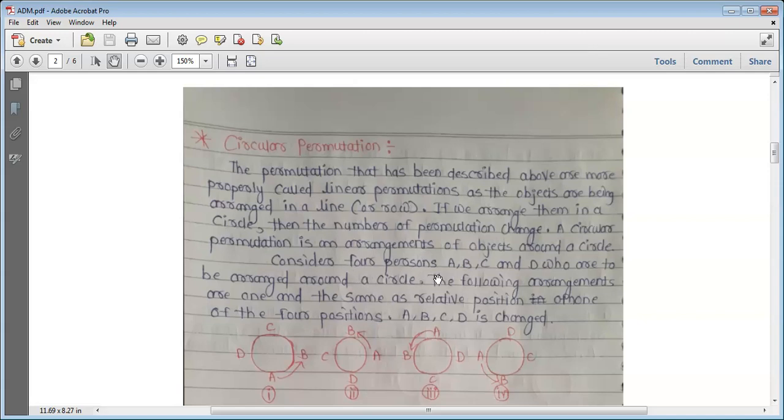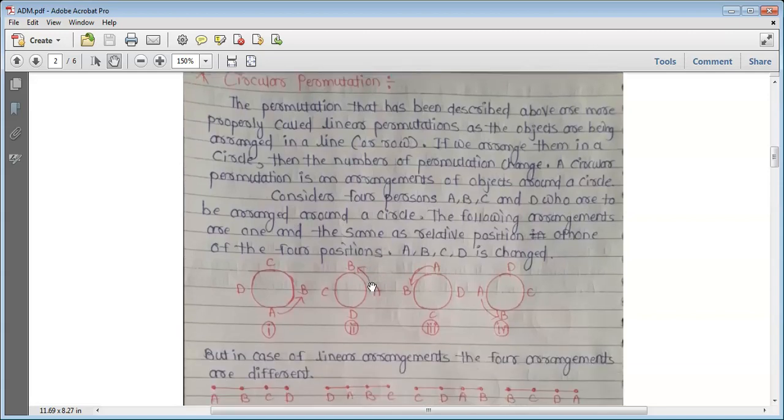Now consider four persons A, B, C, and D who are to be arranged around a circle. The following arrangements are one and the same, as the relative position of none of the four, A, B, C, D, is changed. That is, these four permutations are the same since there is a cycle.